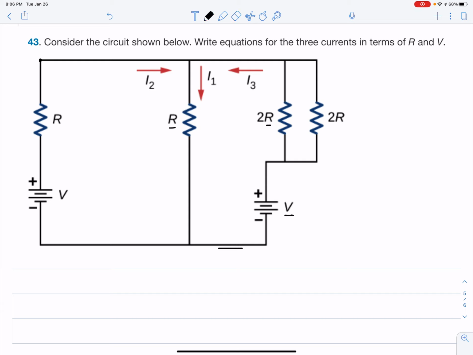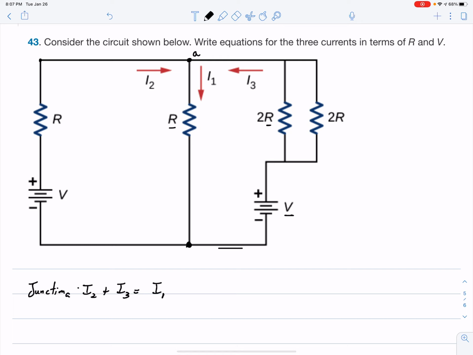So let's start off with identifying the junctions. The junctions are where the currents meet, here, junction A, and junction B. So this part right here is telling me that in junction A, the current I2 plus I3 is equal to I1.